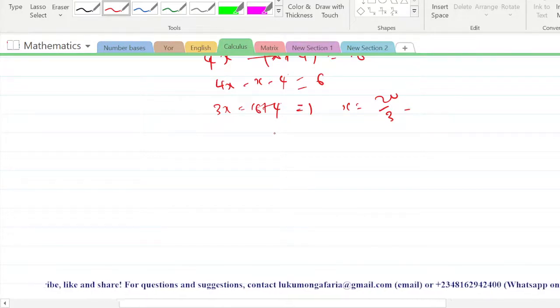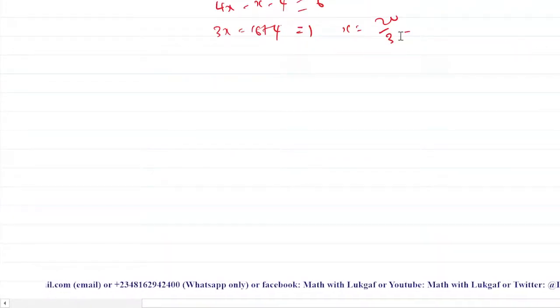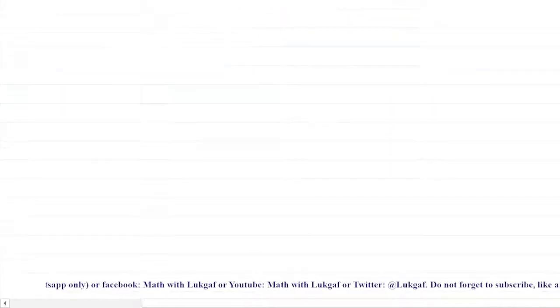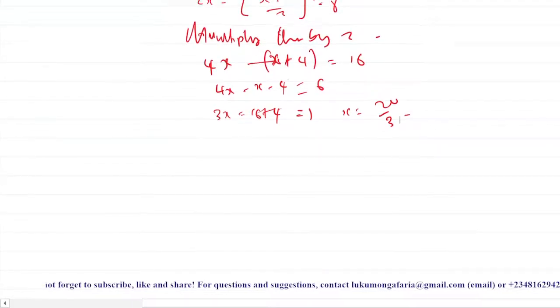Then you can now substitute the value of x into your y. Recall here that your y is what? I'm looking for it.